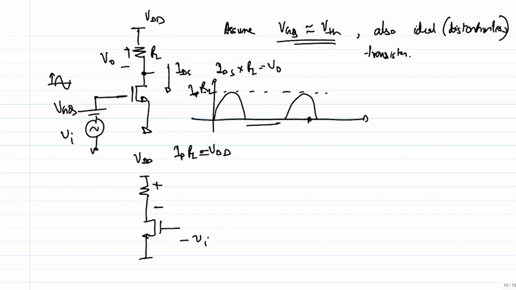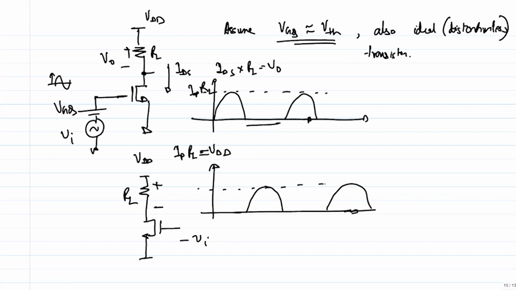And I have another arm which is also connected to, let's say, RL. Right? So what do I get here? If this is minus Vi, then the transistor will conduct in the other half cycle. So which means I am going to get this and this. Correct? So this will be again IP times RL, right?